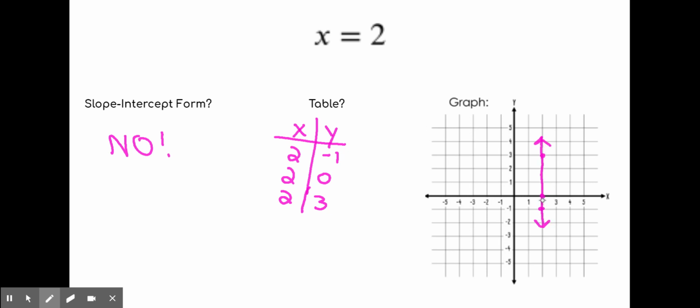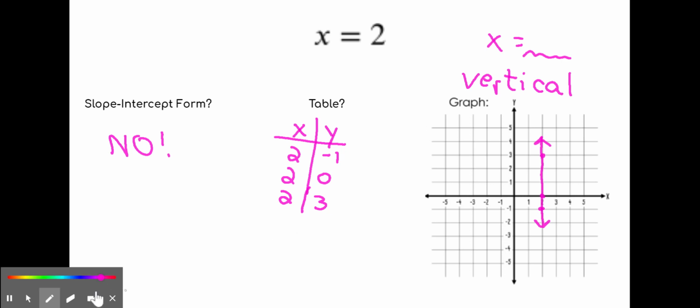A vertical line. Is that what you guessed a second ago? Hopefully so. If x is always that number, then that is always going to be a vertical line. Okay, so y equals a number is horizontal, x equals a number is vertical.